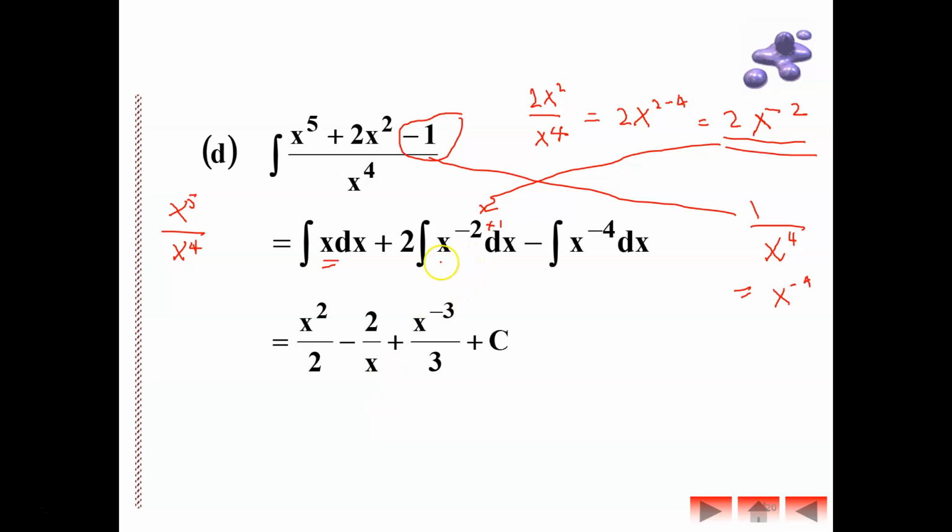When you integrate, you get x to the power of negative 2 plus 1, so it becomes x to the power of negative 1, right? So x to the power of negative 1 is the same as 1 over x. That's why you get 1 over x. Where does the 2 come from? The 2 is from here.